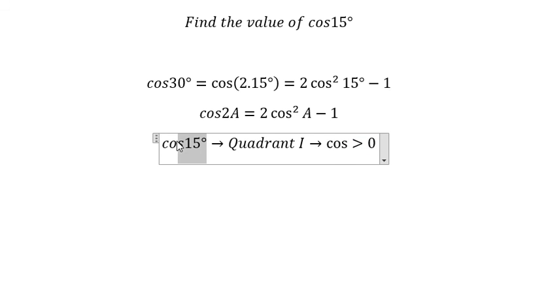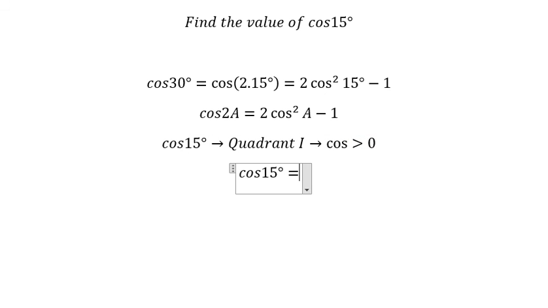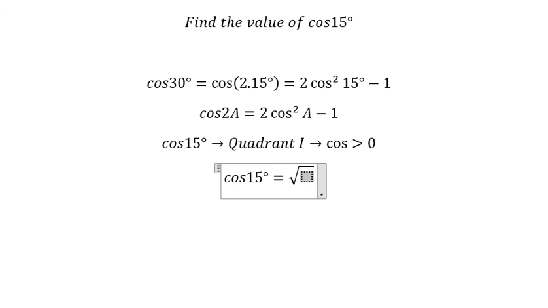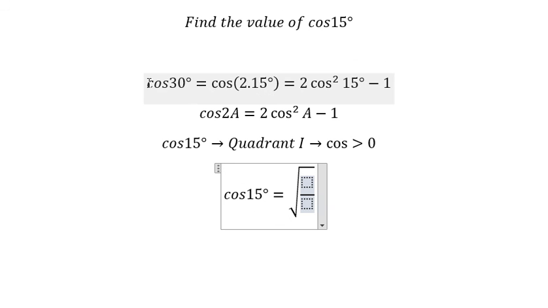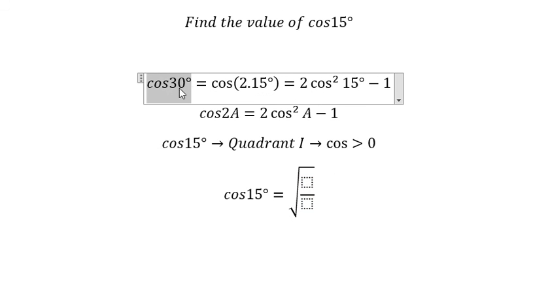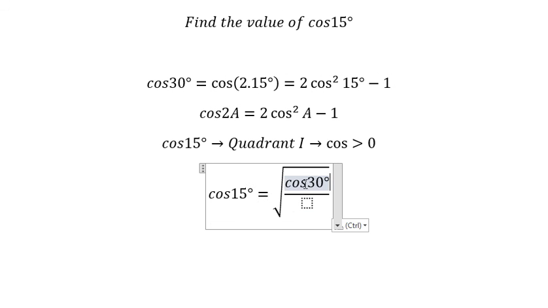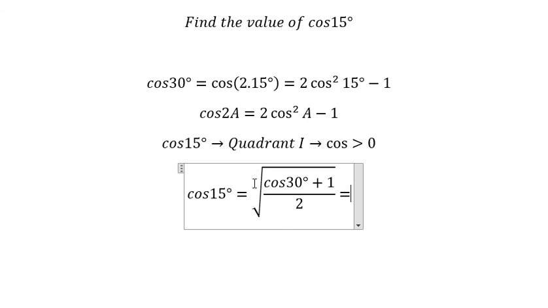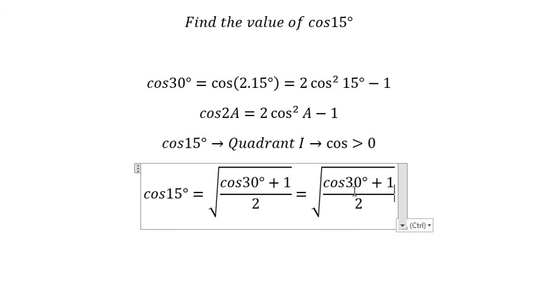So we have cosine 15 degrees equals the square root of cosine 30 degrees plus 1, divided by 2. And we know that cosine 30 degrees is the square root of 3 over 2.